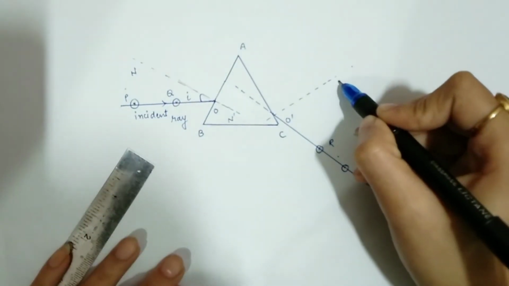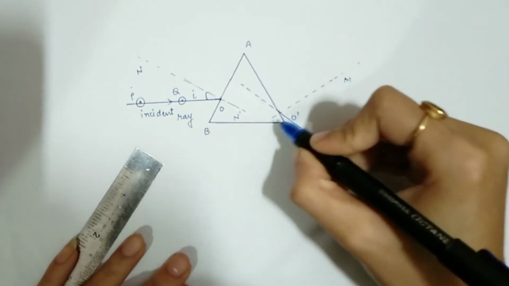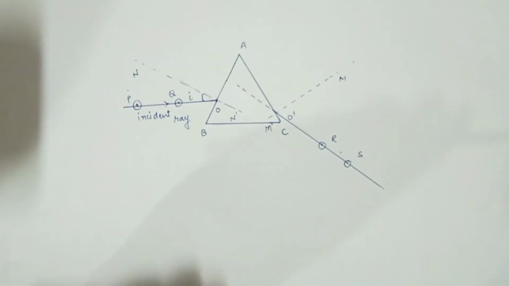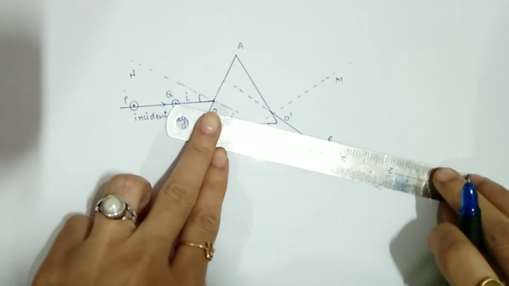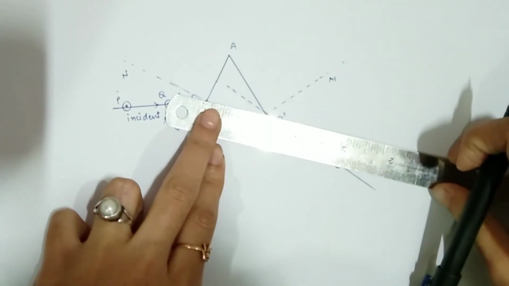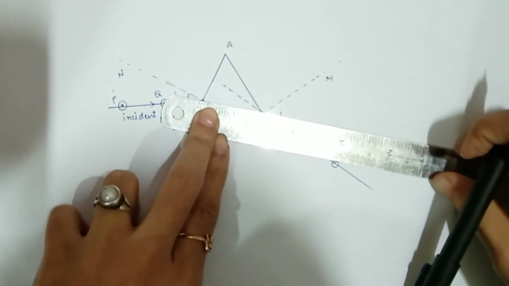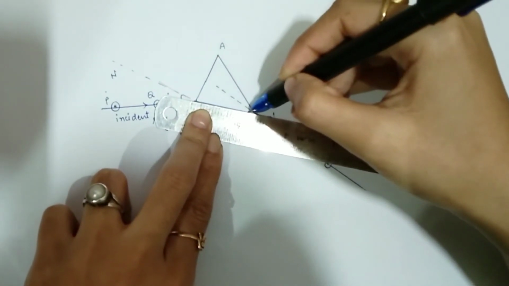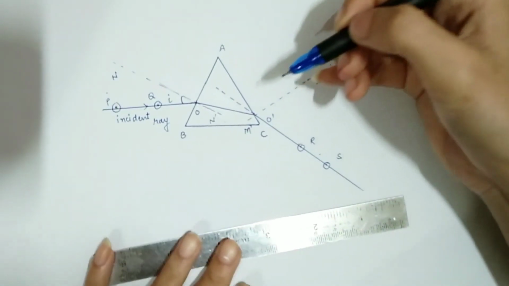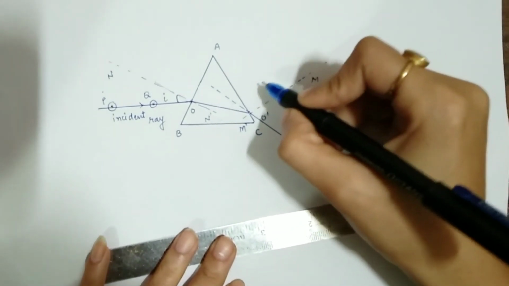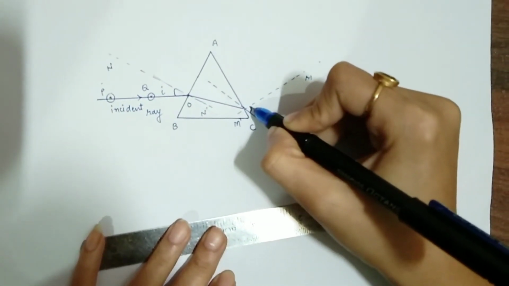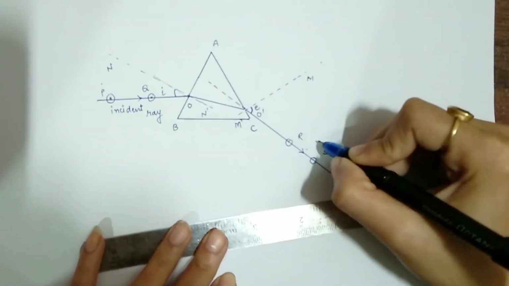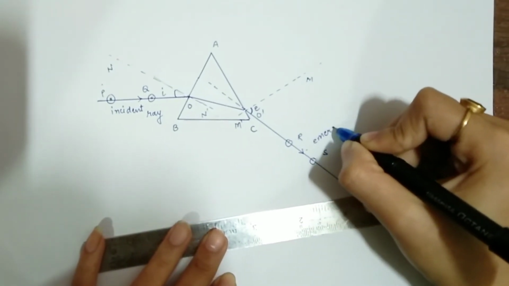This line I am taking as M dash, and now we will join these 2 points O and O dash. Now this angle is the angle of emergence, and this ray is our emergent ray.